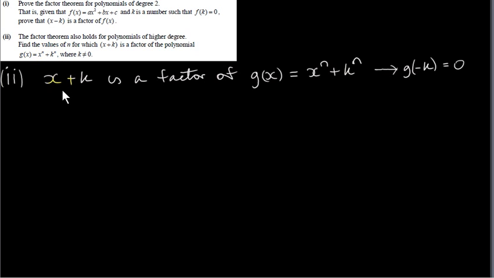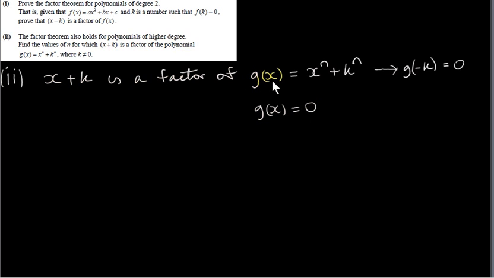Now, the factor theorem also works in reverse. In other words, the converse is true. If we're given a factor of a polynomial, then it turns out we can find a root of g of x equals 0. So we want to force x plus k to be a factor of g of x.